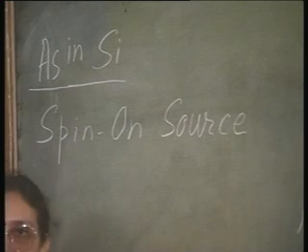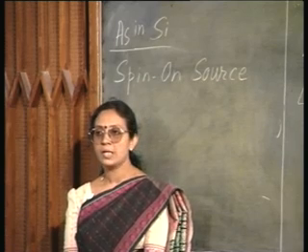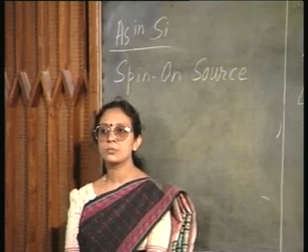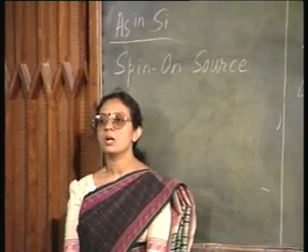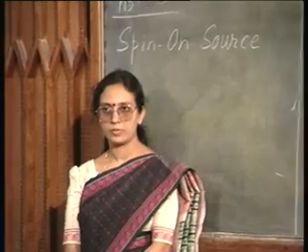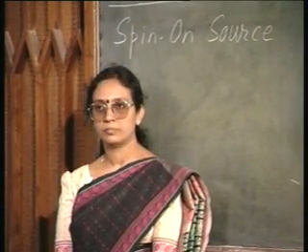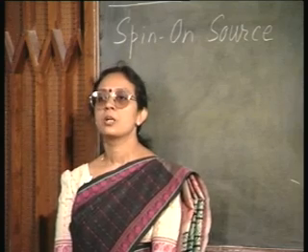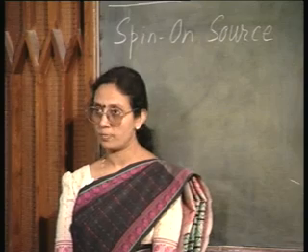This spin-on technique is somewhat different from what we have talked so far. In spin-on technique, what is done is you take an organic compound of arsenic, usually arsenoxylene or something like that. So, this comes as a liquid. You put a few drops of this liquid on the silicon surface at room temperature.